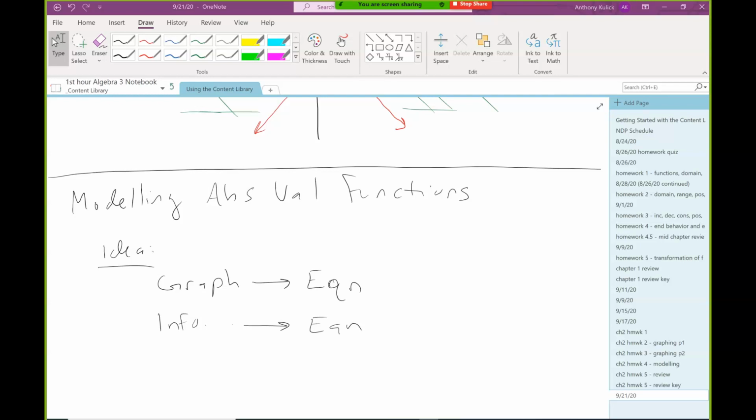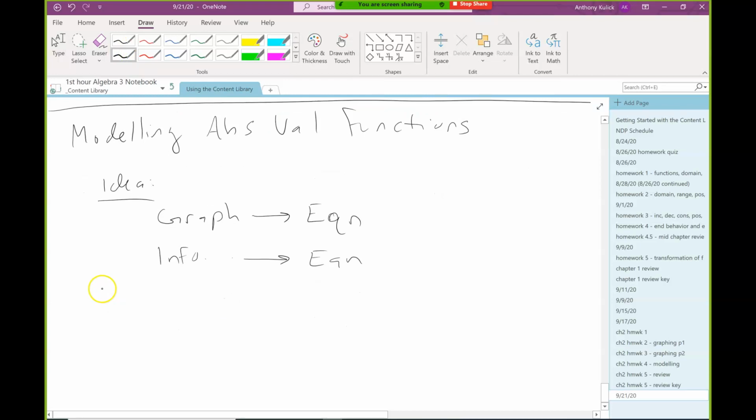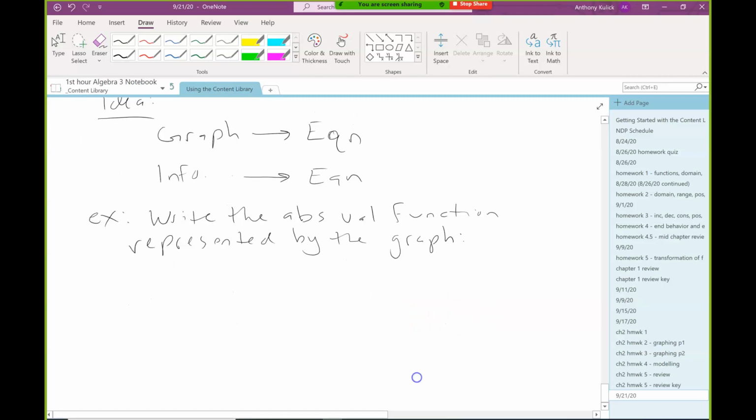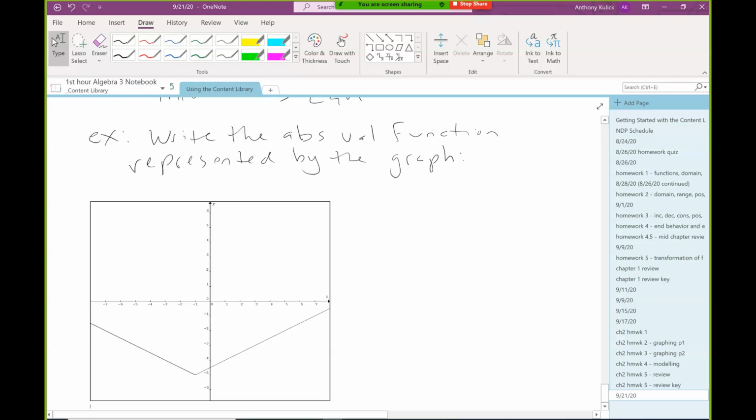So let me just get a good looking graph here. So we're going to write the absolute value function represented by the graph.